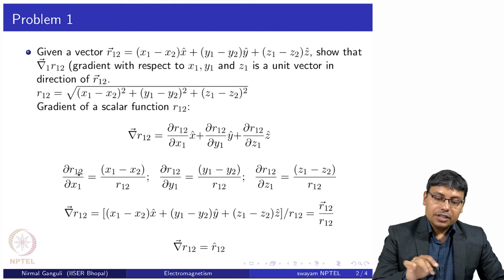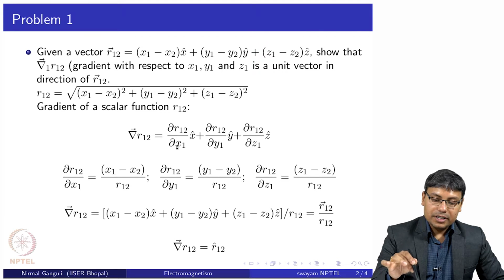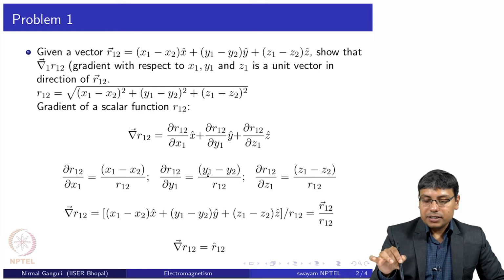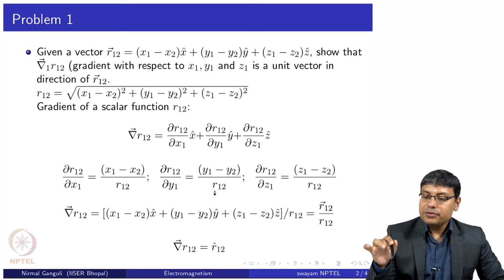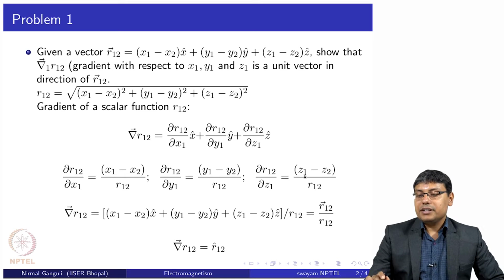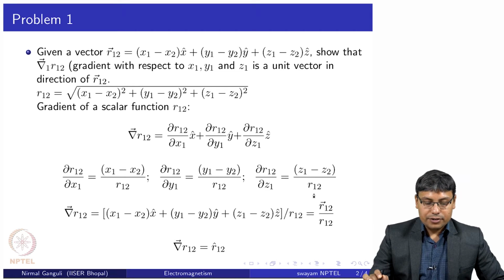If we calculate the first component, del r12 del x1, we will obtain x1 minus x2 over r12. Similarly, for del r12 del y1, we will obtain y1 minus y2 over r12, and for del r12 del z1, we will obtain z1 minus z2 over r12.